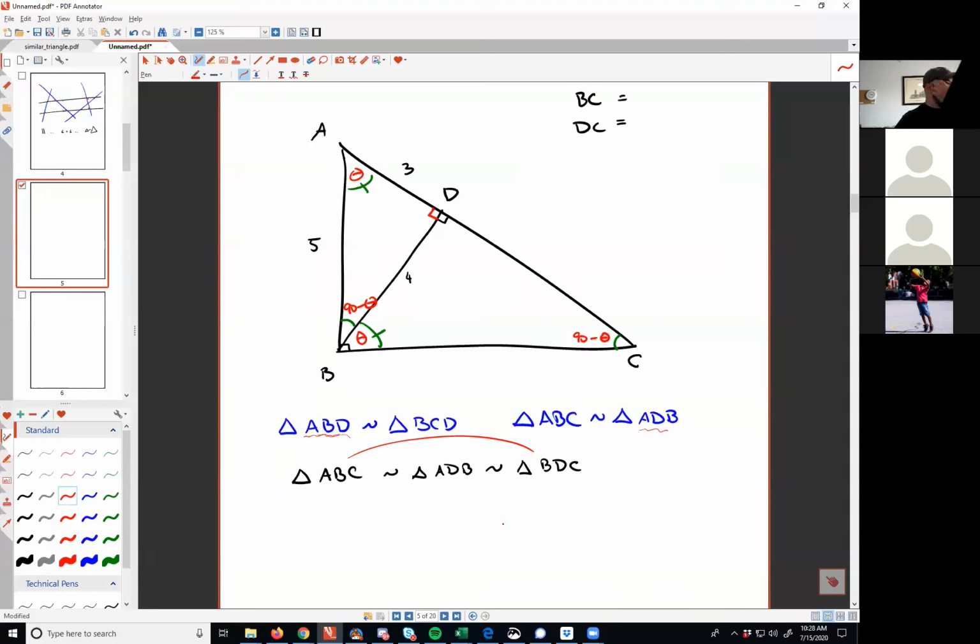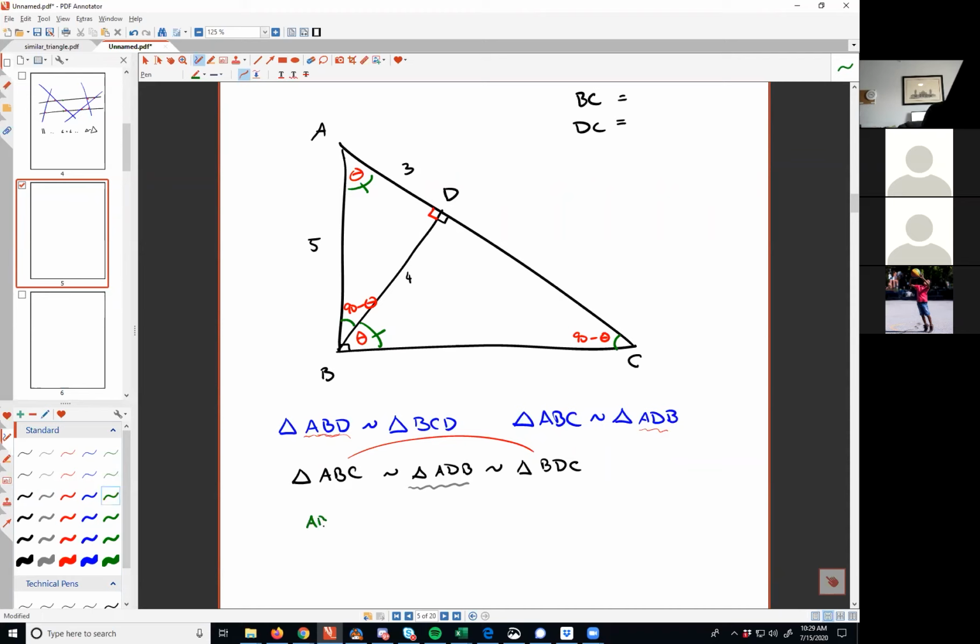So now let's take a look. Where do we have information? Which triangle do we have the most information about? Triangle ADB. Yeah, we've got our most information there, so let's make use of that. For the first two triangles, ABC is similar to ADB.